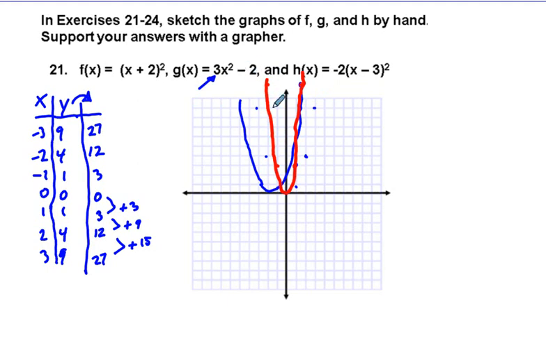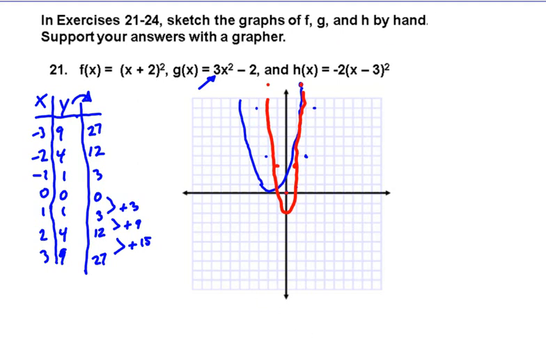And then we are also going to be translating downward 2 units. So we take this red curve here and translate down 1, 2 units. So we should see something like this, and I'm going to leave for contrast's sake the original translation of this blue one to see where that comes up.